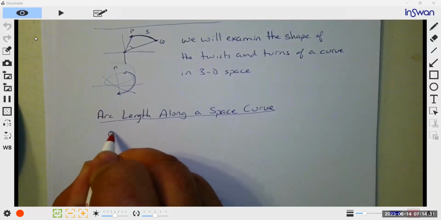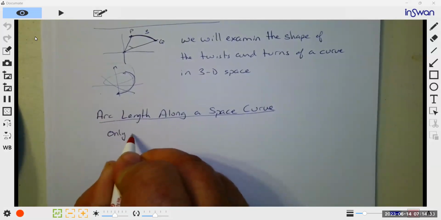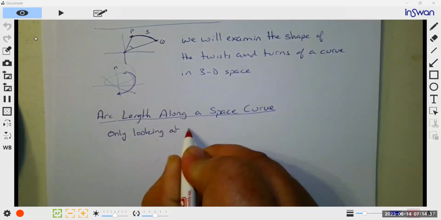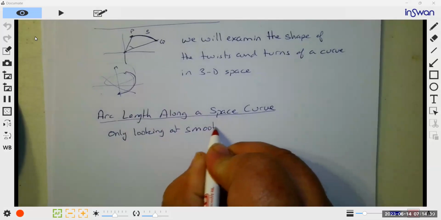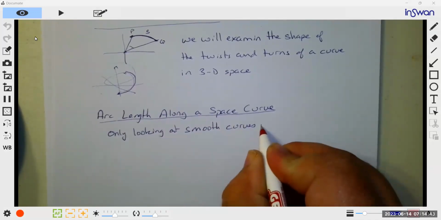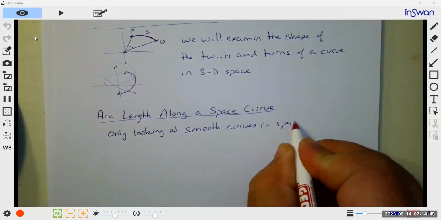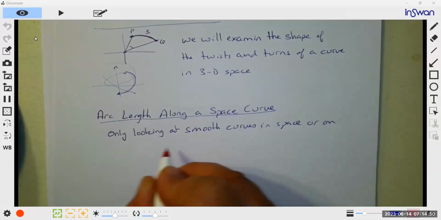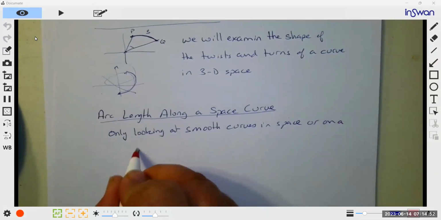We're only looking at smooth curves, in space or on a plane.